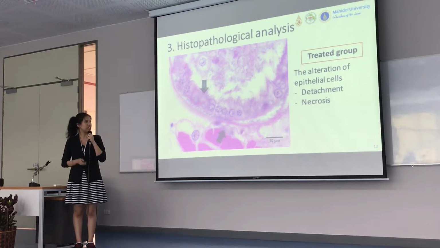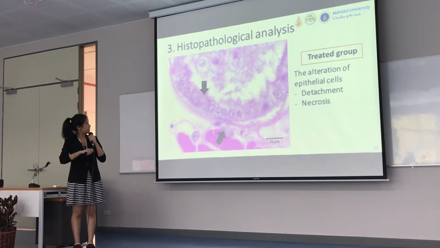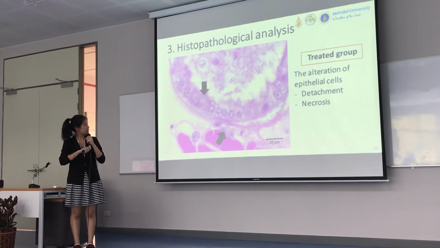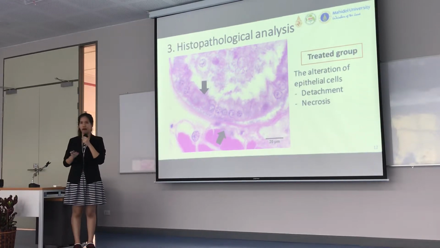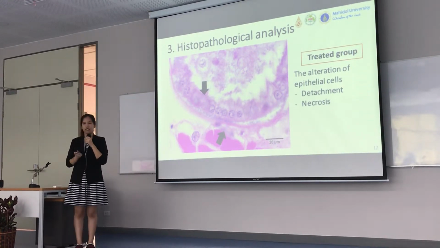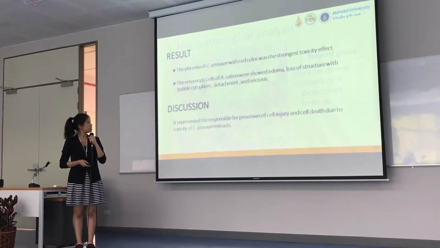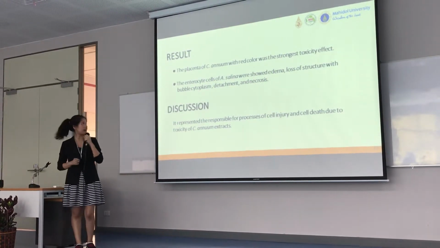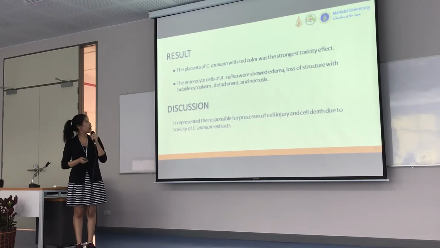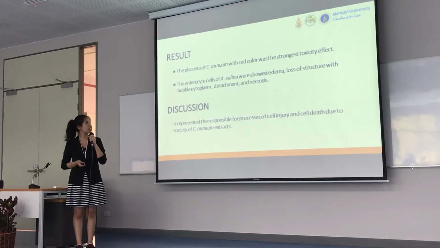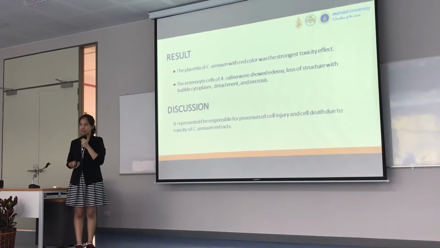And you can also see the necrosis area, where the epithelial cells lose their nucleus, the pathological term being karyolysis. For the results, the placenta of Capsicum annuum with red color had the strongest toxicity effect.